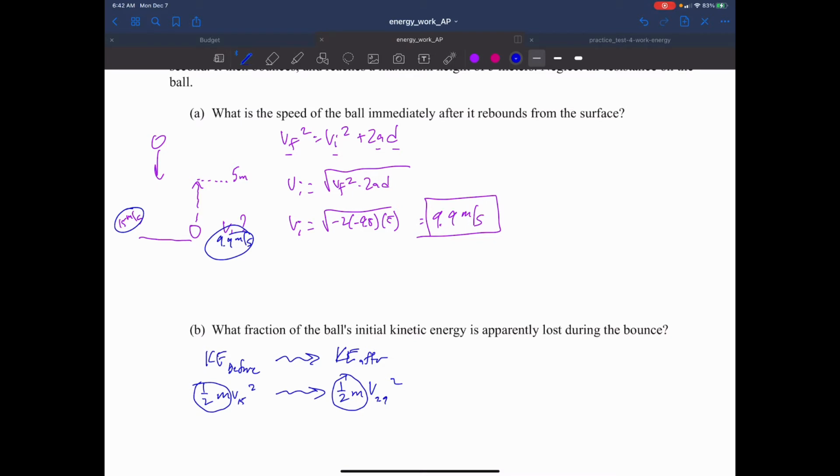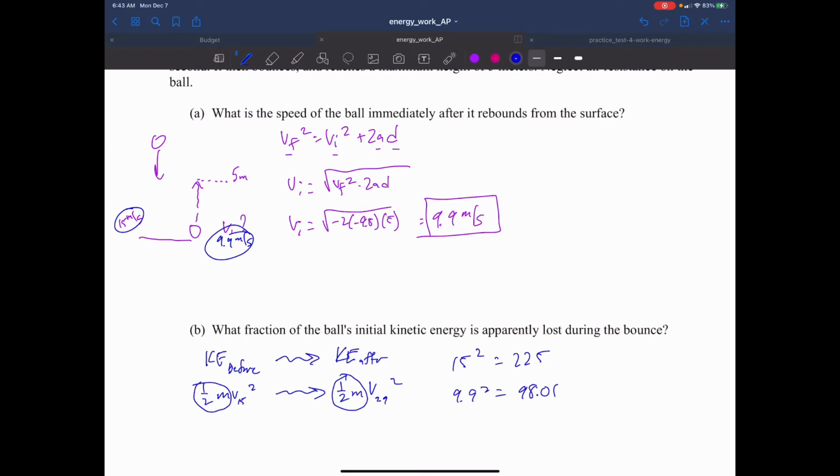So what fraction of its initial energy? That's going to be a percent loss type of question. Let's just figure it out. 15 squared is 225. The 9.9 squared is not off the top of my head: 98.01.